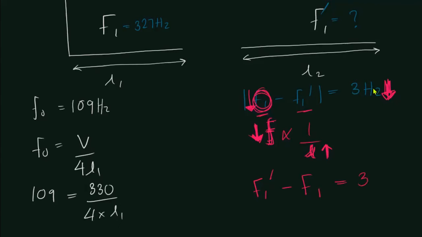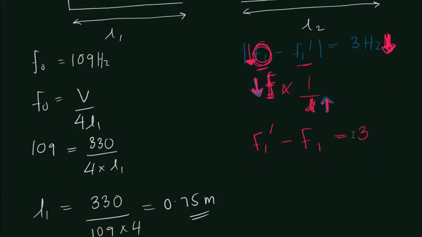Now it makes sense, right? Because when the length increments, the frequency of the open tube decreases, and this should also decrease. That's fine. Now this is the equation we know. We already know that f1 is 327 hertz. So f1 dash is going to be what?